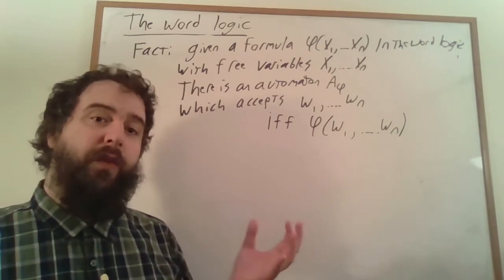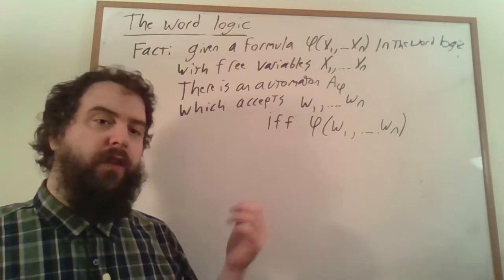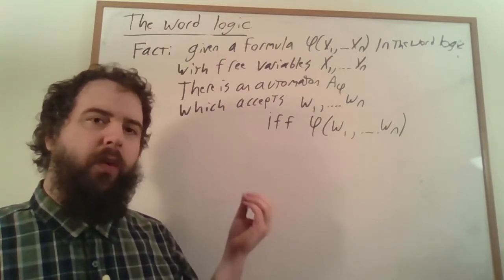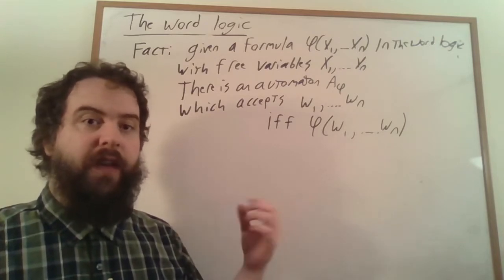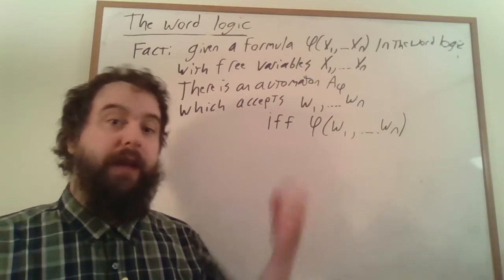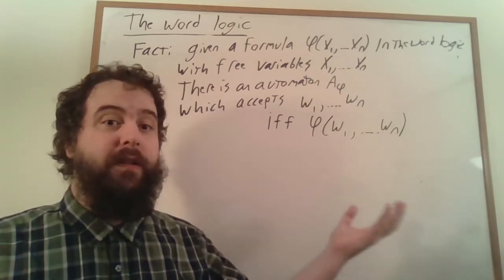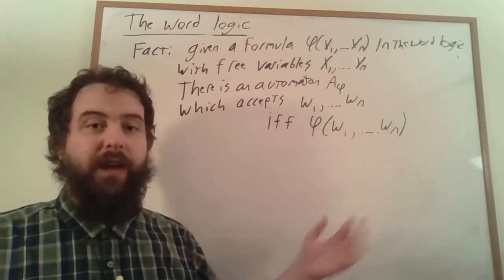I'm also going to want to do something else. I'm going to want to relationalize our structure. So our word structure has both relations, the prefix and the equal length relations, and also operations, the successor A and successor B, which tack an A onto the end and tack a B onto the end. Those are functions, those are operations.